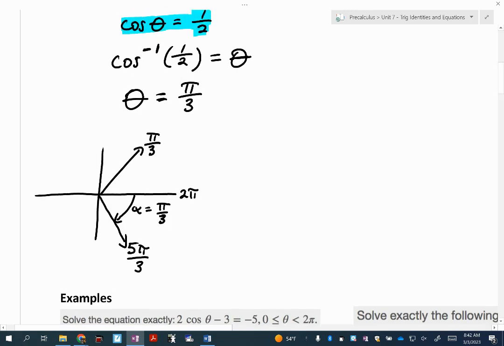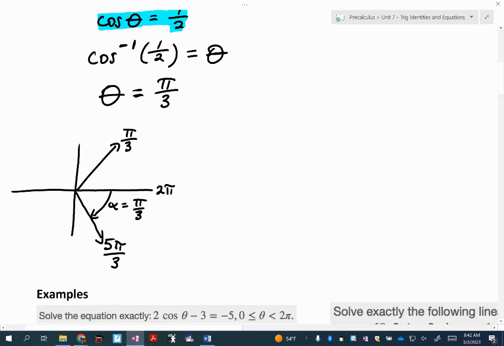So these are the two solutions I'm going to write, but because we can keep going in a circle, one revolution in either direction, counterclockwise or clockwise, I'm going to put plus or minus 2 pi k, where k is how many rotations you want. If you want k to be 1, that would mean you're going to go around one time. If you want k to be 2, you're going around twice.